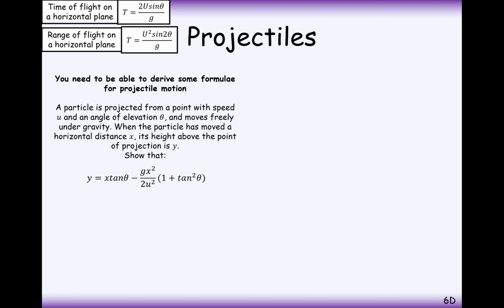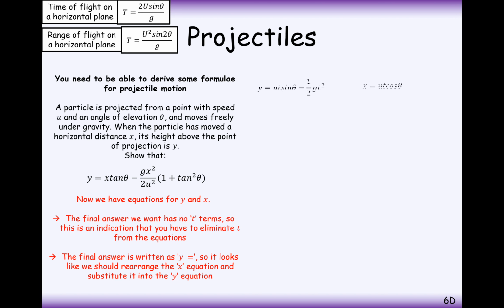So let's set out all the equations. Divide by u cos theta, so we get x over u cos theta is the value for t. And now it's going to get substituted into the equation for y.